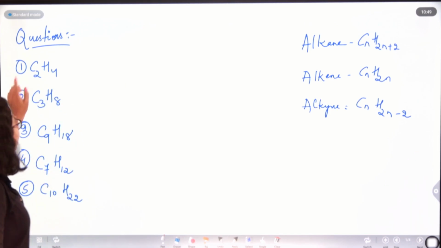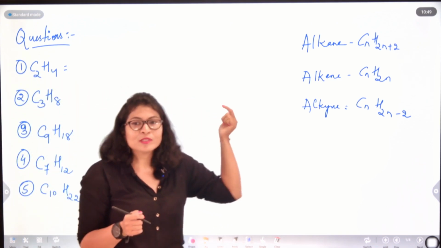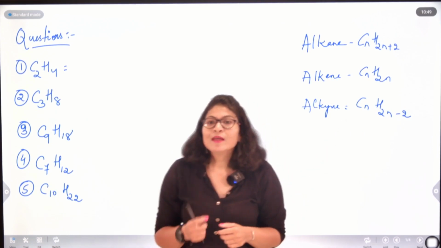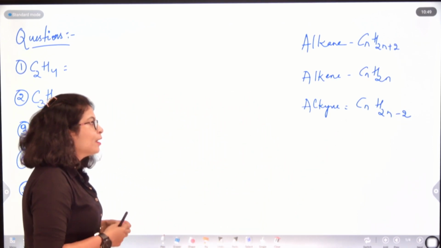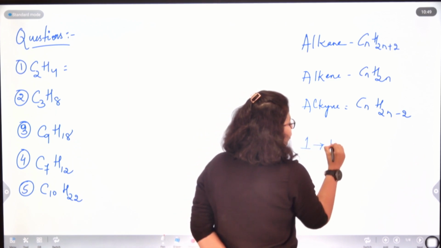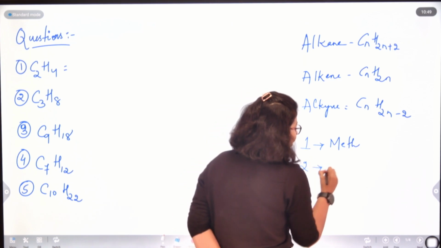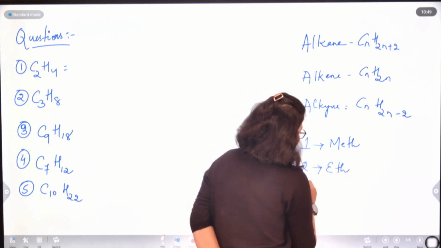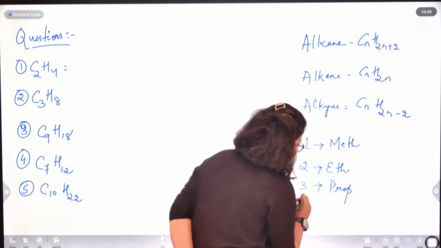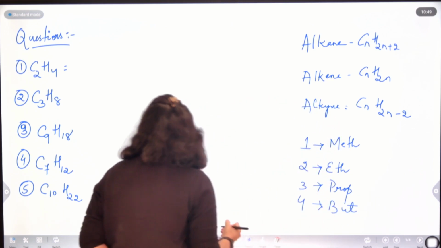So, if I take up the first example, it is C2H4. That means it clearly shows it belongs to the category of CnH2n. That means it's an alkene, right? And again, I have also said if I'm having carbon number 1, the word root will be meth. If I'm taking carbon number 2, it is eth. If 3, it is prop. For 4, it was but, right?